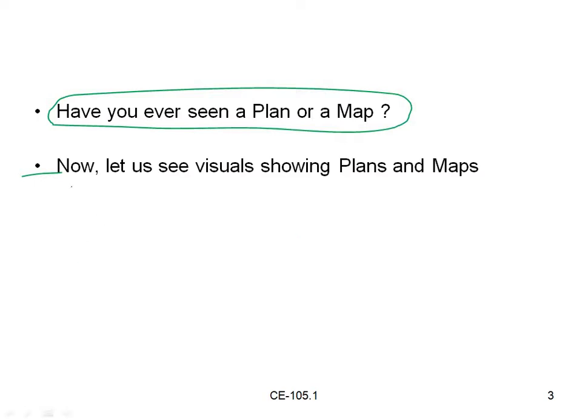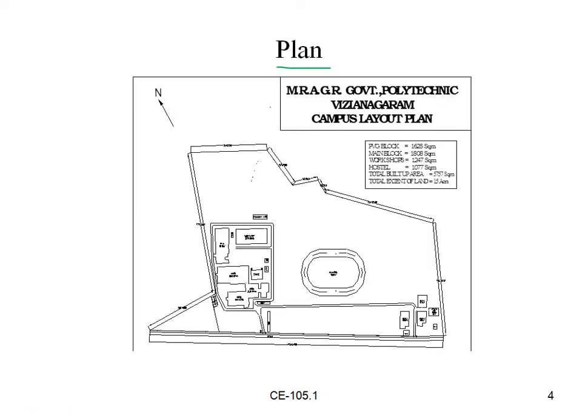Now let us see visuals showing plans and maps, and identify how these plans and maps look. Let us see the first one, the plan. This is a plan of the Government Polytechnic Vijayanagaram campus.